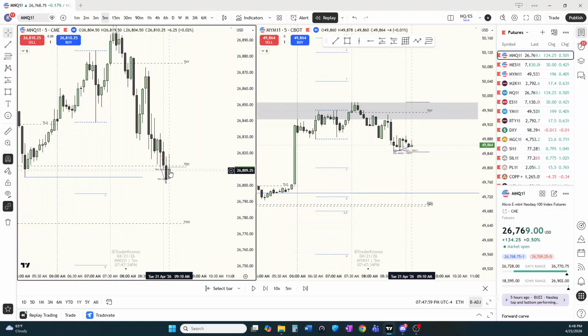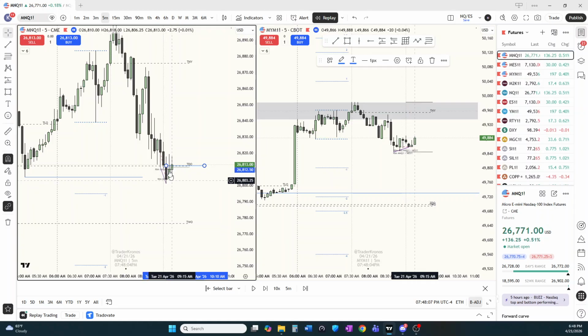Well, number one, even if it does confirm, which it does right here, it's a sequential SMT. It just took liquidity. It's in the 0 to 1.5 in the defining range. But if we zoom out a time frame, where are we at?